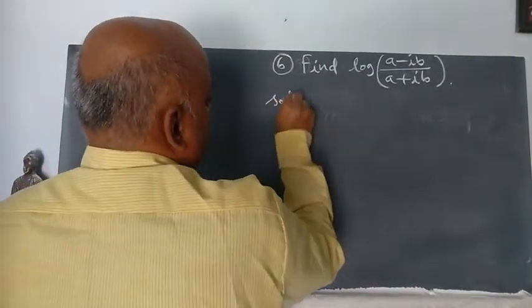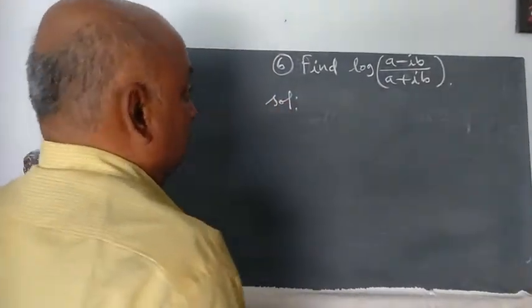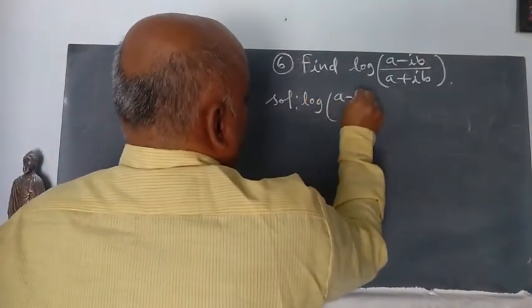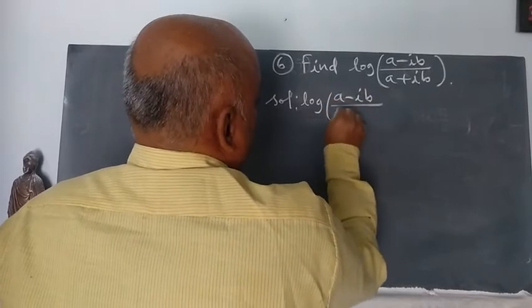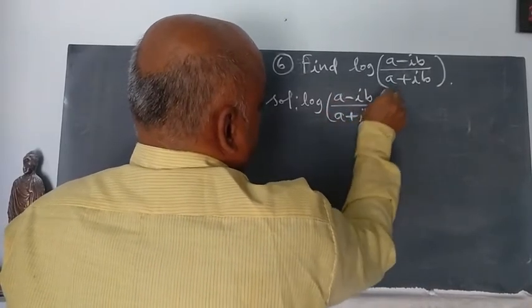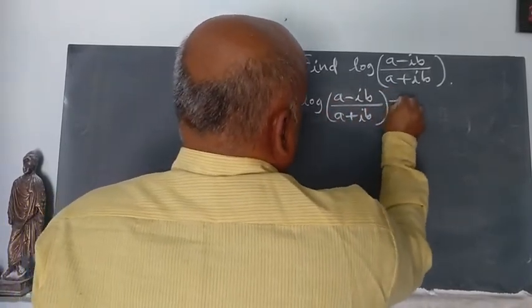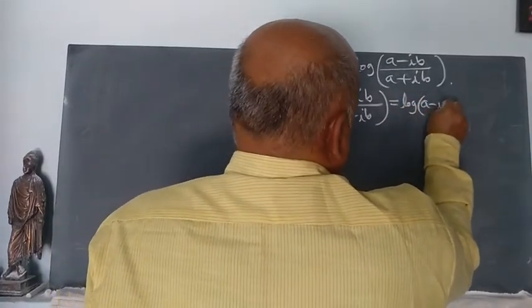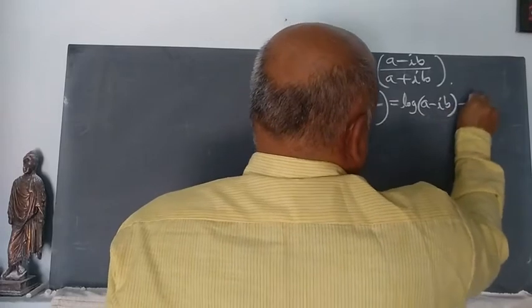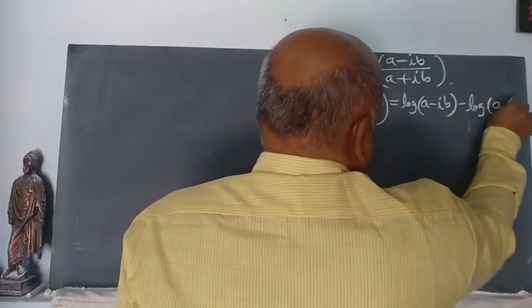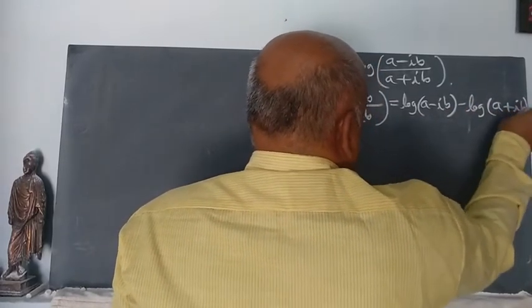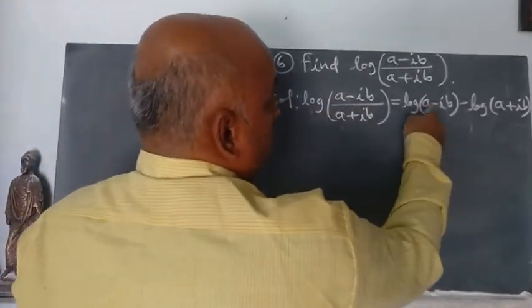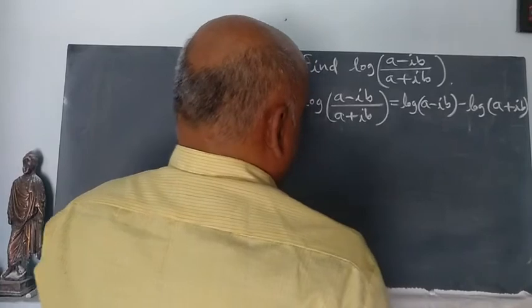Solution. Log of a minus ib by a plus ib is equal to log of a minus ib minus log of a plus ib. Log of m by n is equal to log m minus log n.